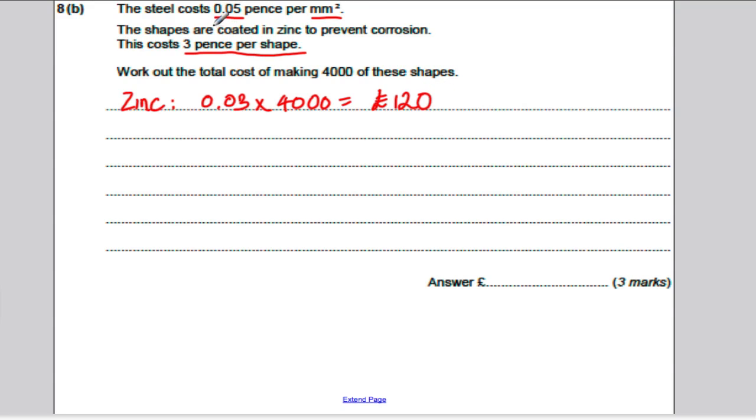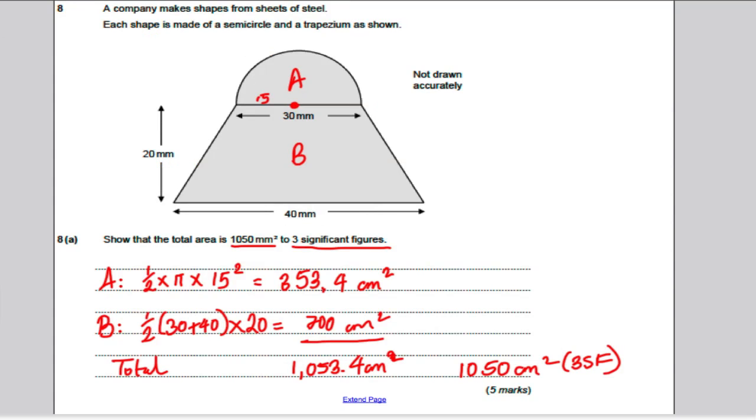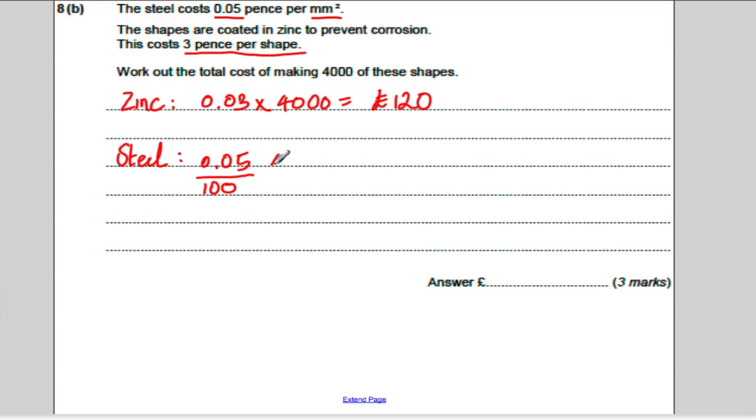Now we've got to work out how much the steel costs for the actual material. Well, it costs 0.05 pence per millimeter squared. So we're going to change that into pounds. This is how many pence it costs. I'm going to divide that by 100 to work out how many pounds that is, and I'm going to multiply it by the area of the shape, which I said was 1050.